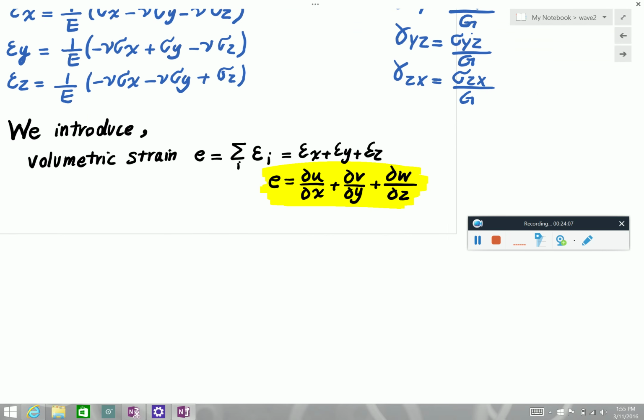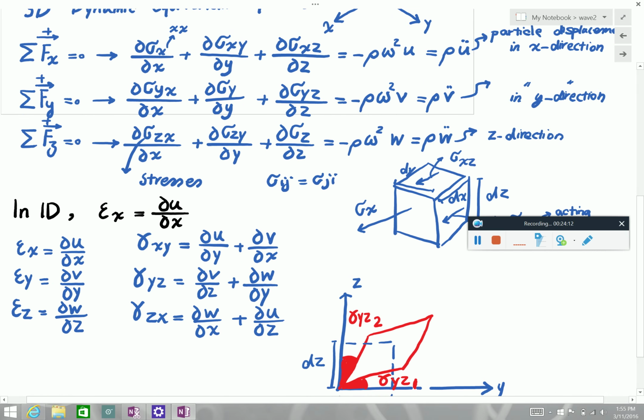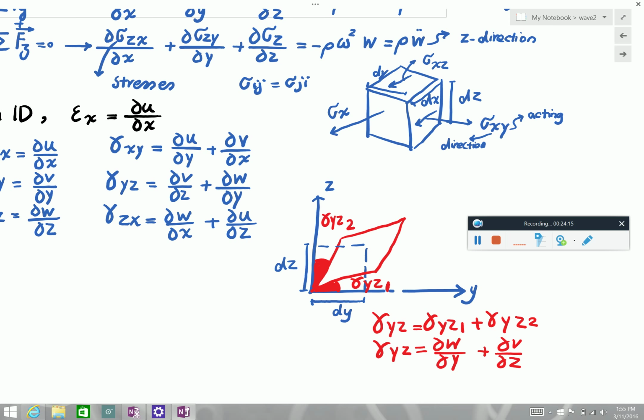So if you look at the previous slide, if we think about the x-axis, the x-axis is kind of sticking out of the plane towards me. So we can consider that this element is rotating about the x-axis.